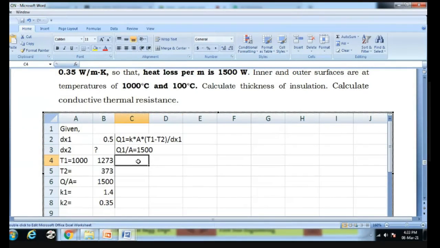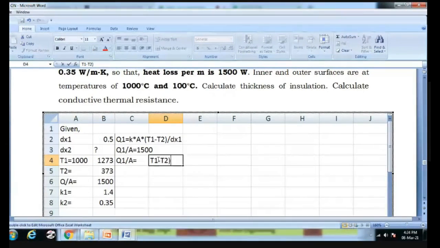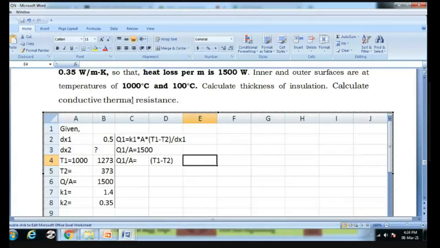ठीक आहे. आता काय करायचं याला, Q1 डिवाइड बाय A इज इक्वल टू, हे काय फॉर्म्युला होईल, this is T1 minus T2 divided by dx, है ना, so you take K down, this is K1 also, because for first thickness that is 1.4, K1 is different, K2 is different, so T1 minus T2, what you get here, divided by K1 into dx1, correct?